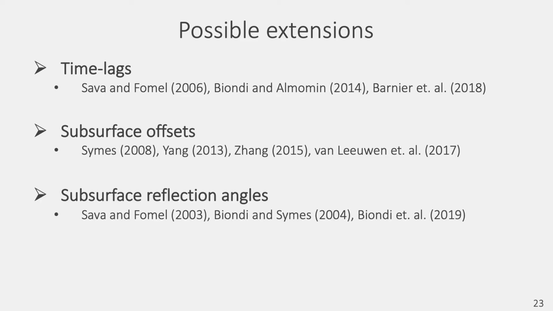The third extension corresponds to a different and maybe more natural way of examining migrated images. These extended images are not computed directly by applying some cross-correlation imaging condition. Instead, Paul Sava, Sergey Fomin, and Biondo Biondi proposed a mapping that takes time lag or space lag extended images and outputs an image as a function of subsurface reflection angle.